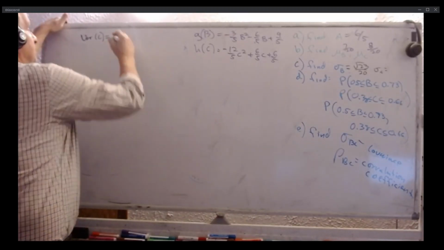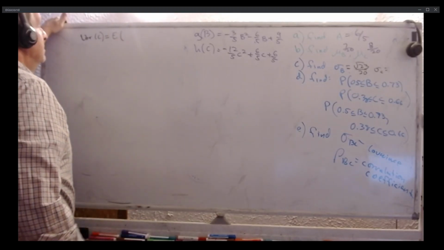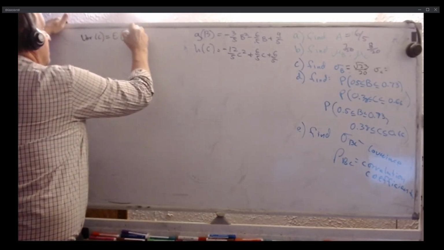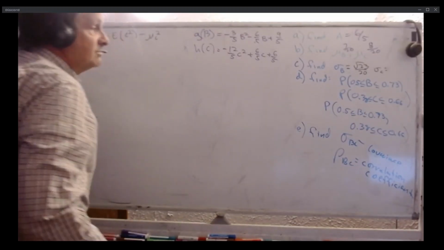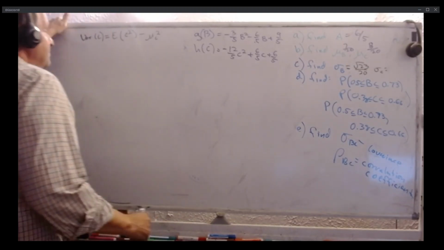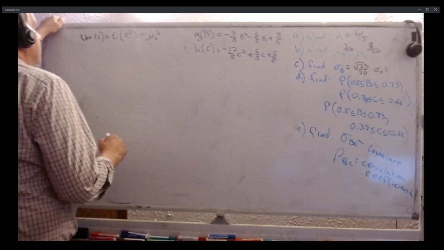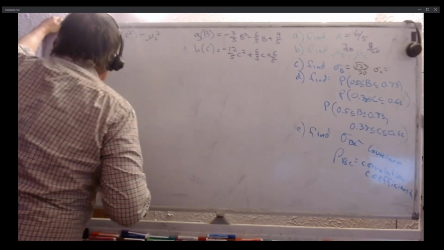So we just have to find the expected value of c squared minus mu sub c squared. We know what mu sub c is. It's 8 out of 20. So what's the expected value of c squared? What's the other option to find the variance?